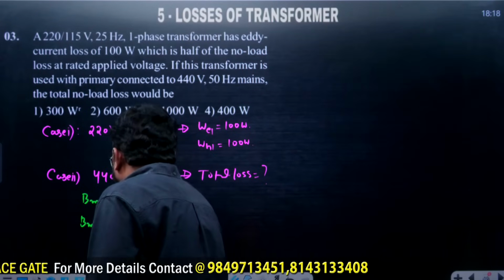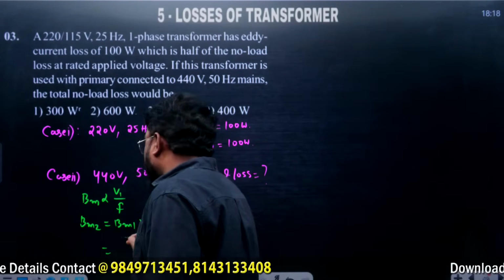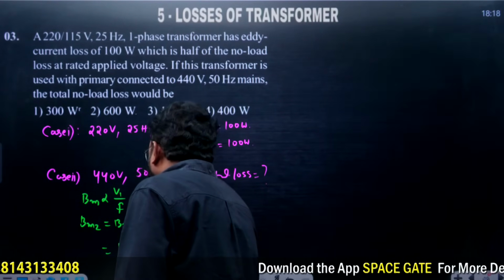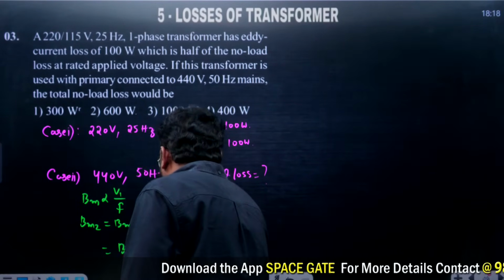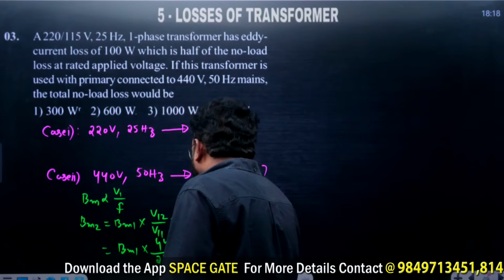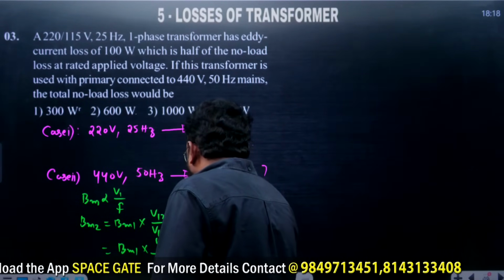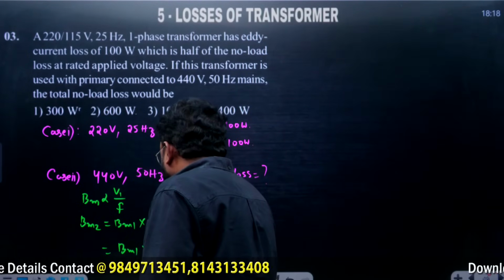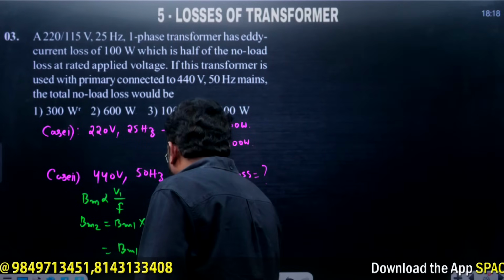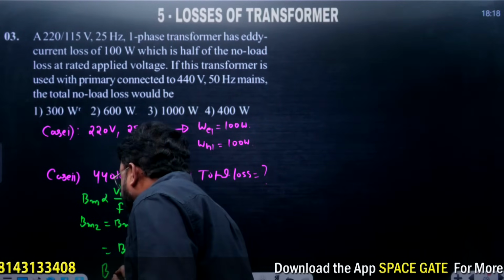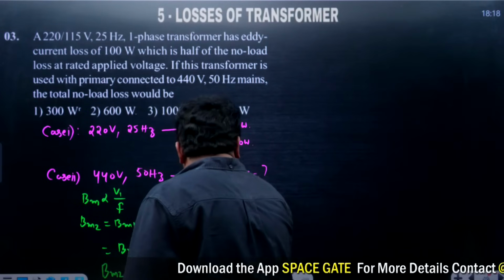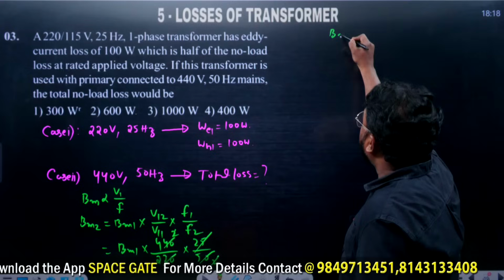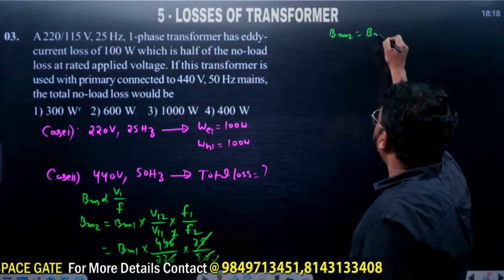Let us take B maximum 1, and V2 by V1 is 440 divided by 220. Frequency F1 by F2 is 25 divided by 50 Hz. So 25 into 2 is 50 and 220 into 2 is 440. So the 2 is cancelled, so that you can say B maximum 2 is equal to B maximum 1.